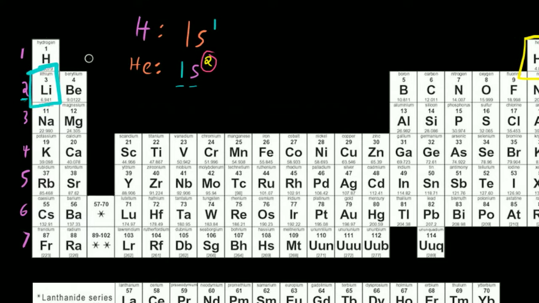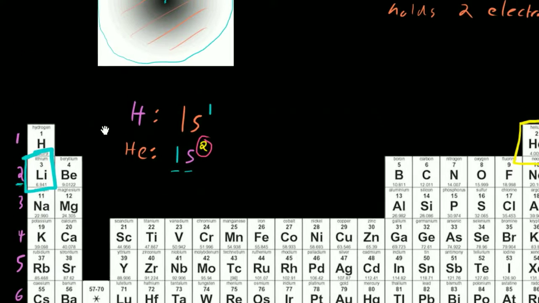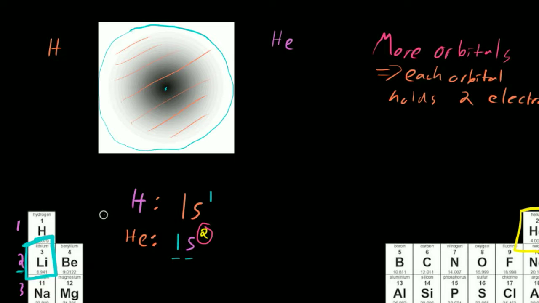If we go back to our example where we had either hydrogen or helium, I'm going to erase the labels so we can write in that we're looking at lithium.